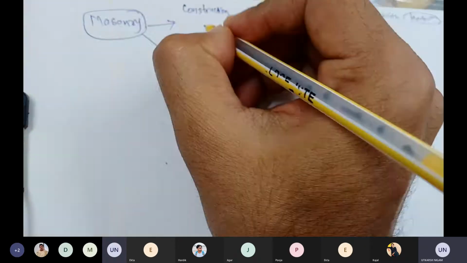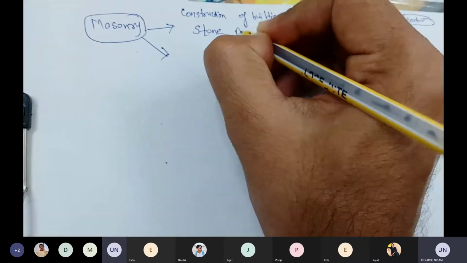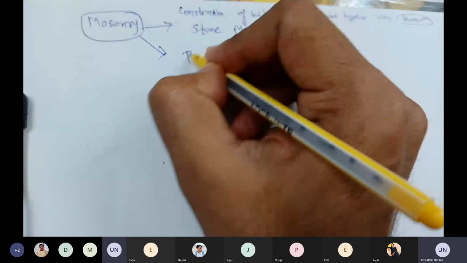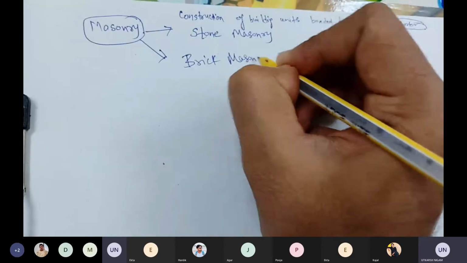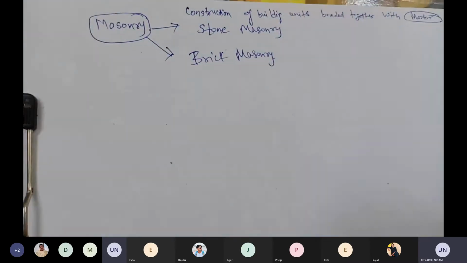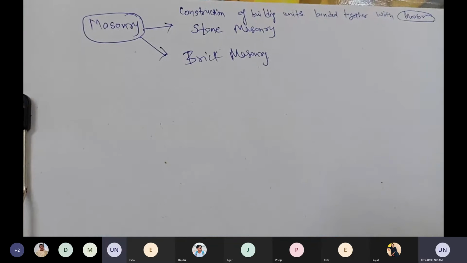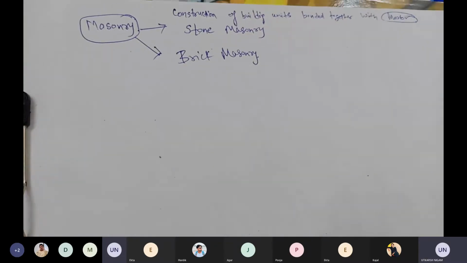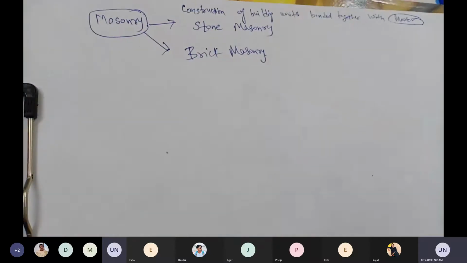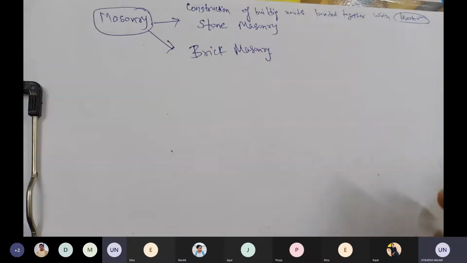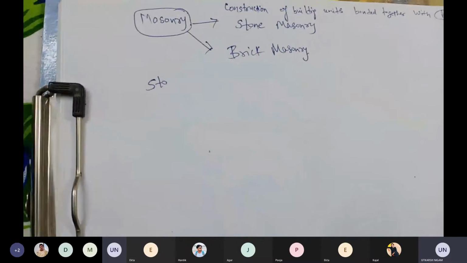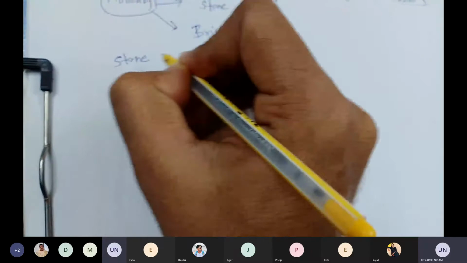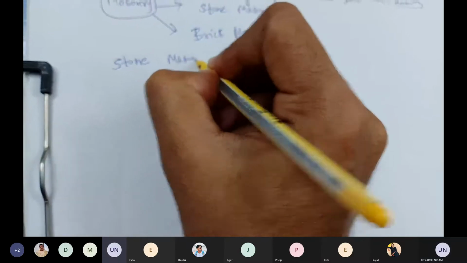Number one is stone masonry, which we are going to discuss in detail, and the second one is brick masonry. As far as stone masonry is concerned, today's topic of interest for all of us is nothing else but stone masonry.